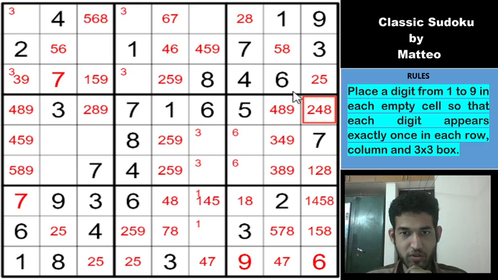A very tough Sudoku, guys. I feel that there is something going on between the candidates here, but I'm not really certain what is going on here.